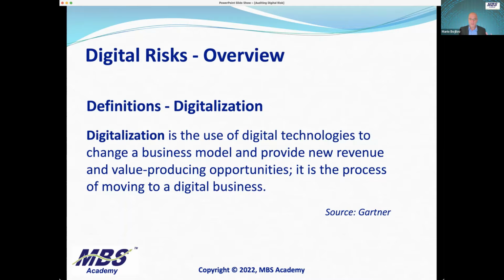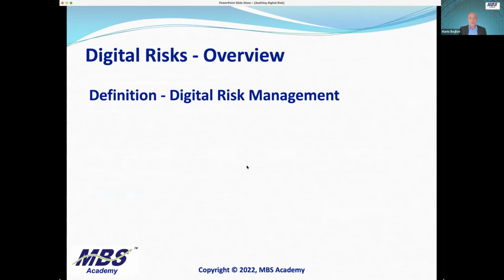Now, with digitalization, we are actually on the way of really becoming a digitally transformed organization, and this is very important for everyone to keep in mind. Which leads us to digital risk management, because the more digitalized we are, the greater the risks that we need to be dealing with in various shapes and forms.